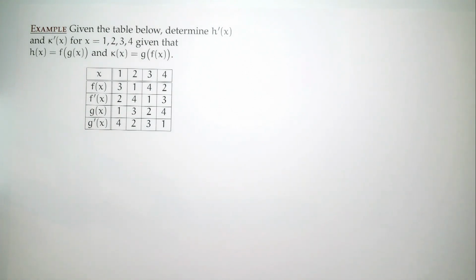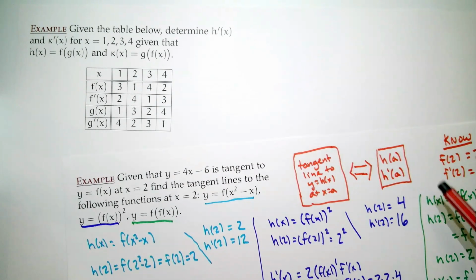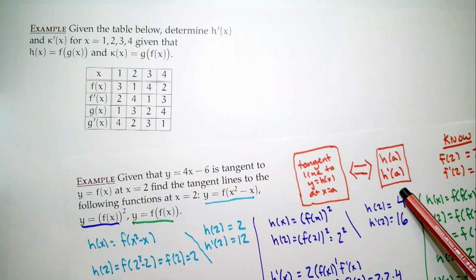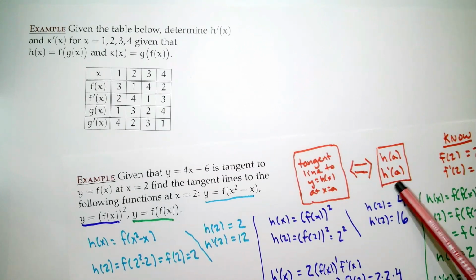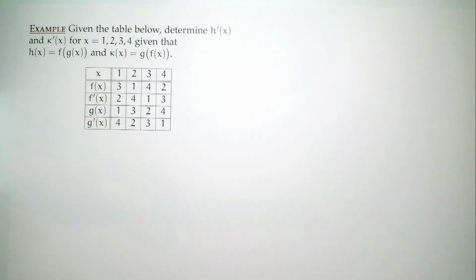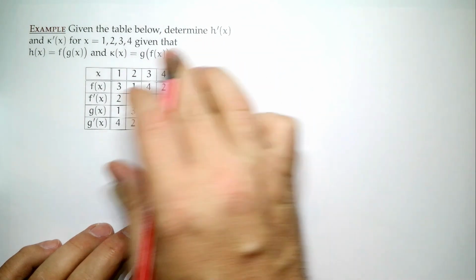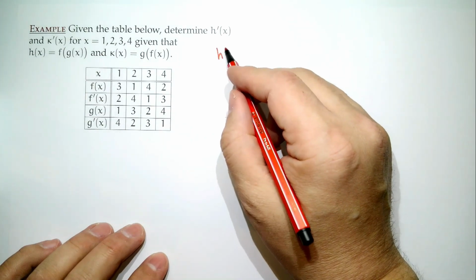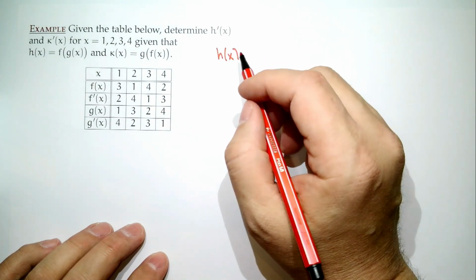But in each case, what it all boils down to is saying, if I really care about my tangent lines, I'm really just saying, what are these two pieces of information? That's what I care about in all cases when I'm after tangent lines. All right, well, determine h prime of x and k prime of x. So h of x. The nice thing is we don't even have to find a tangent line. We just have to find a bunch of derivatives.